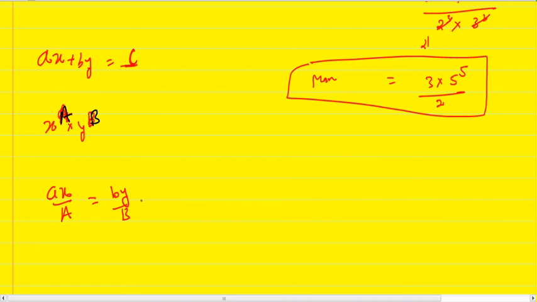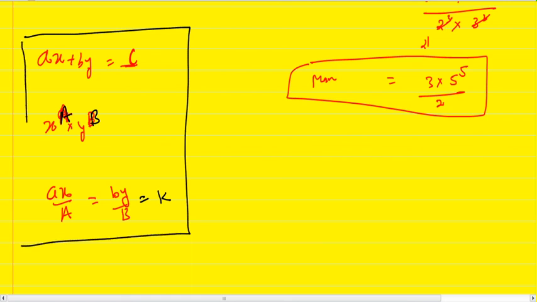That's it. You equate with something and then you replace it back. This theorem is universal for these kinds of problems. If this is not given constant and this is given constant, it will still work. You need to find the value of x and y and then put it back.